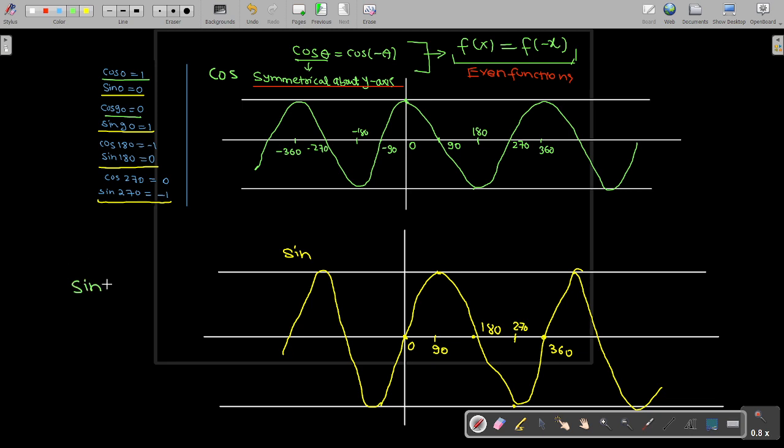That's why sine of 90 plus theta is cos theta. Or you can say it's shifted left by 90, the same thing.